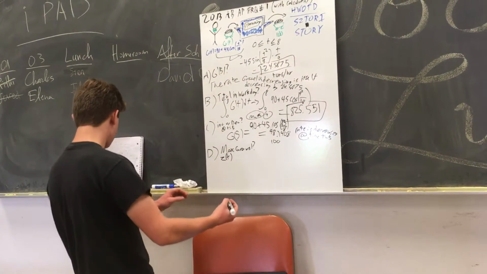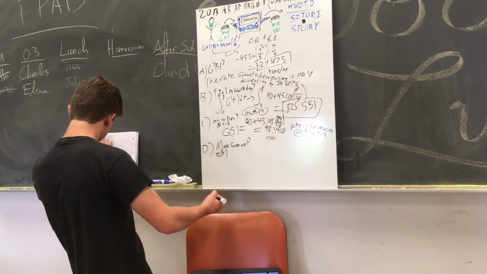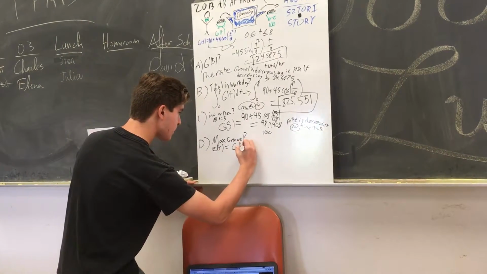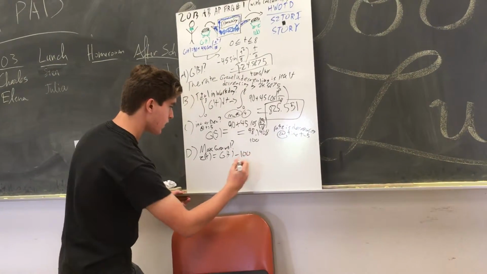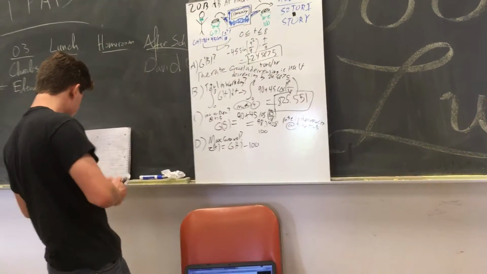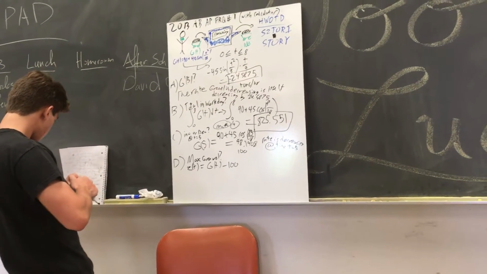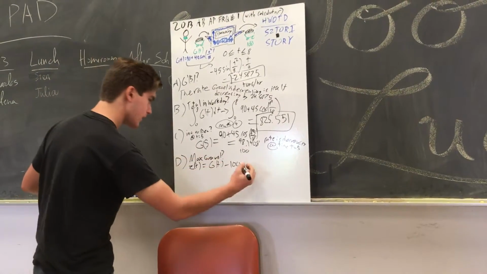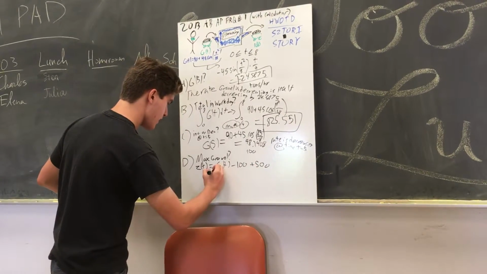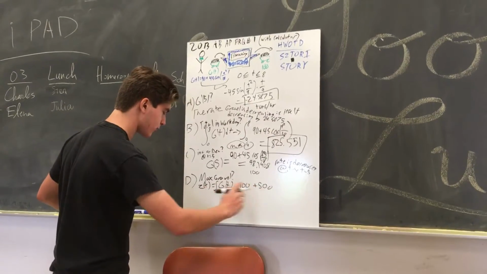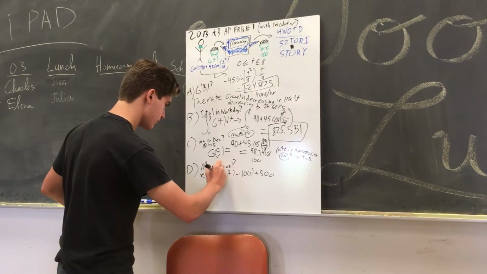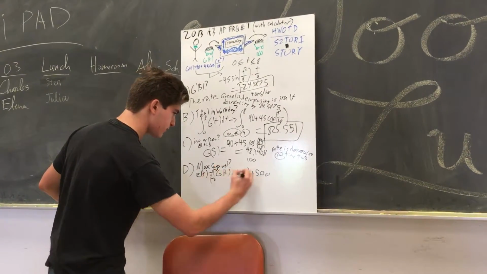And this is going to be g of t minus 100, and that'll get the net rate. But we also have to take into account that we're adding 500 for the start, and since we want to find all the gravel in here, we'll take an integral of this bit from 0 to 8.